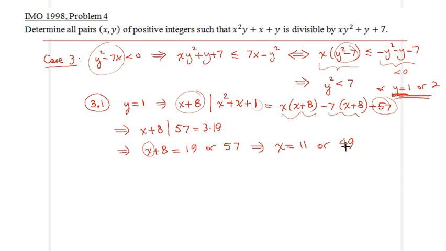So that would give us two additional solutions, obviously. Therefore our other solutions would be 11, 1 and 49, 1 as well.